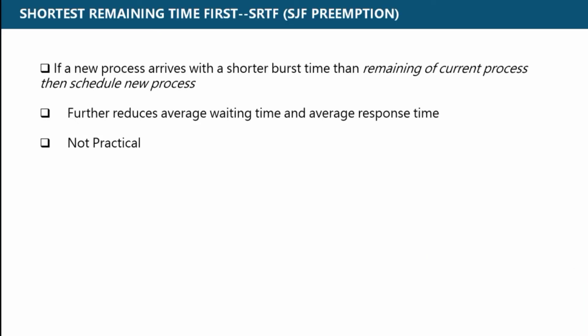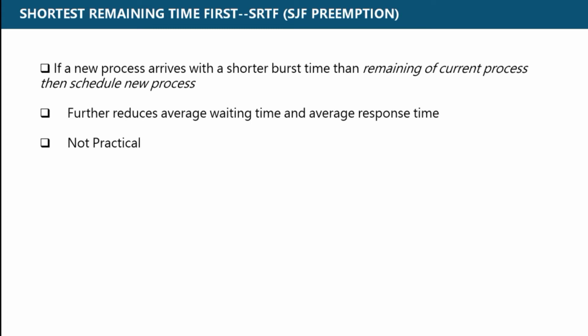Here in shortest job first, the given example is the shortest remaining time first. It is also an important part of shortest job first. If a new process arrives with a shorter burst time than the remaining time of the current process, then schedule the new process. In the example we had earlier, P1 was allocated 1 millisecond, then it terminates because P2 has arrived.